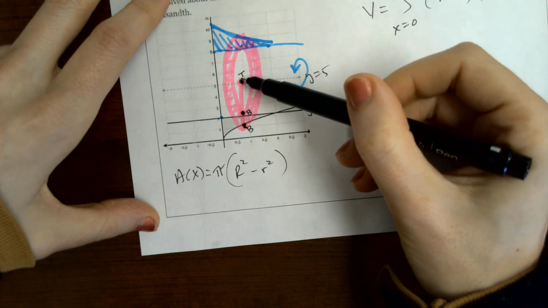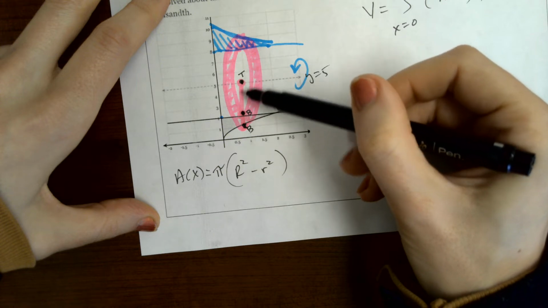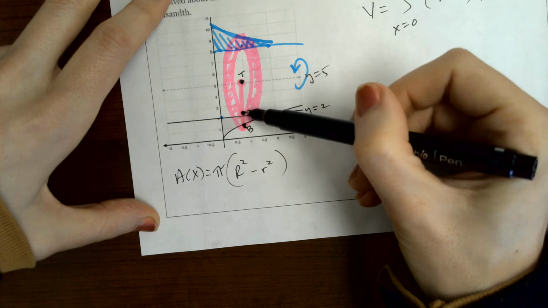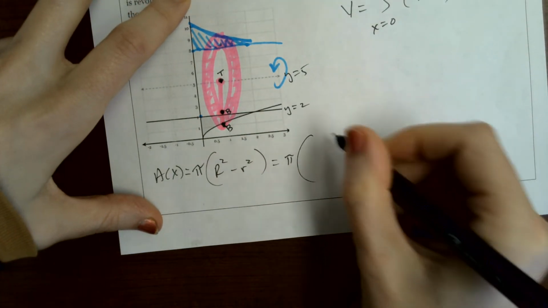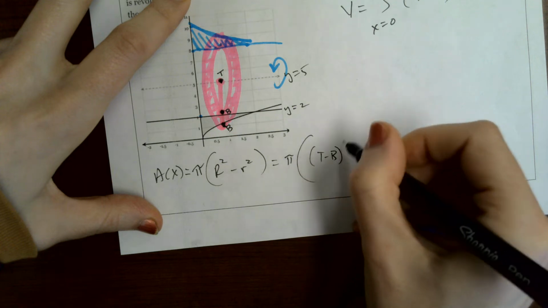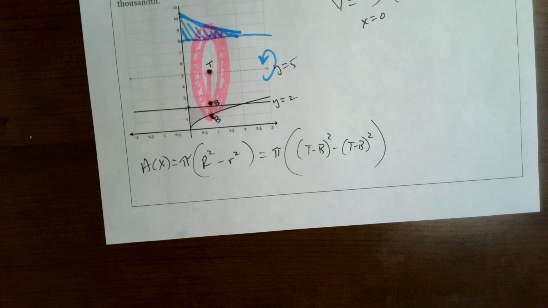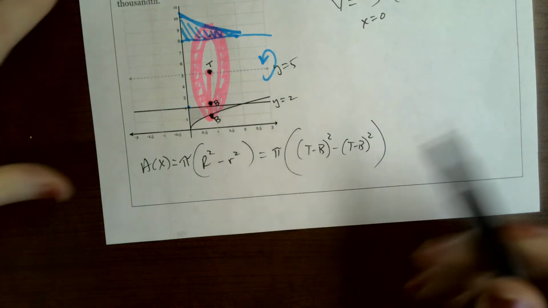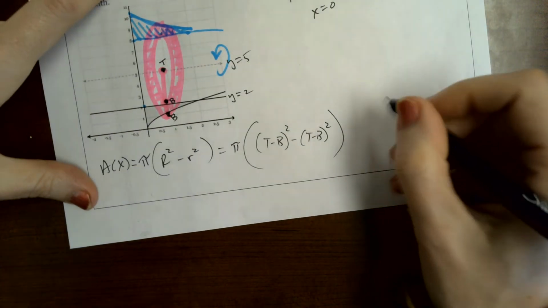That's the length from the middle of the washer all the way to the end of the empty part. So that would be little r right there. So this is pi, and then we're going to do top minus bottom squared minus top minus bottom squared. And the bottom is going to be different each time.